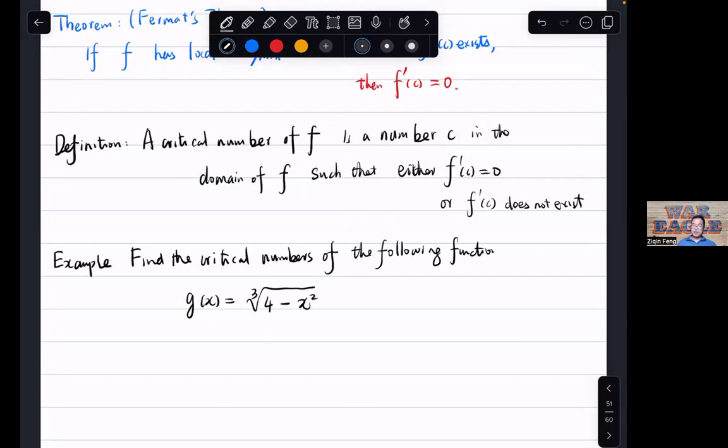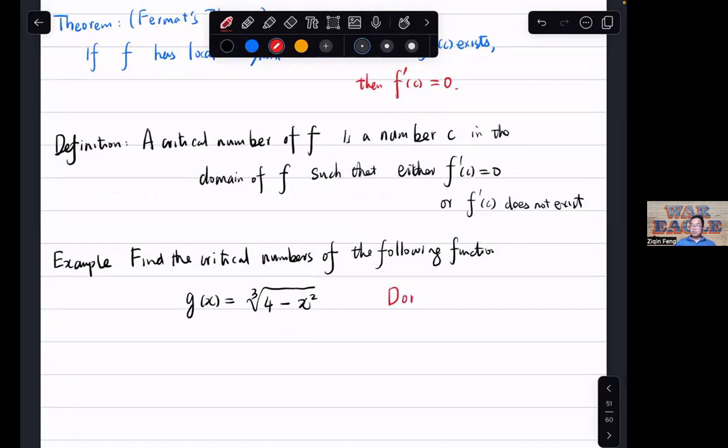Now, because critical numbers must be numbers in the domain, before you figure out the critical numbers, you should get the domain of this function. This is a third root, an odd root, which means you can plug in a positive or negative number. It doesn't matter, because the third root of a negative number always exists.